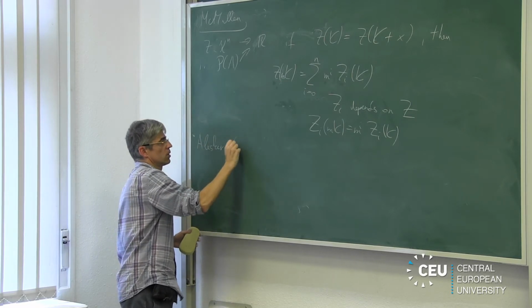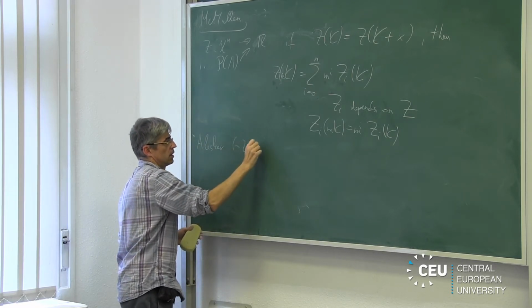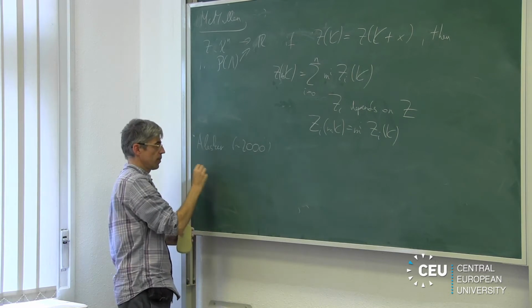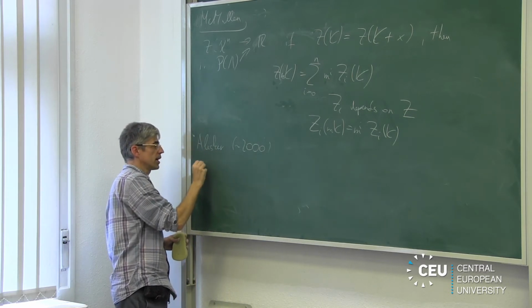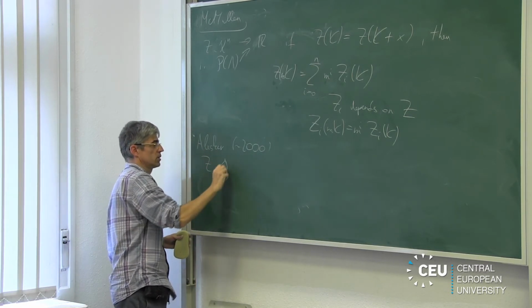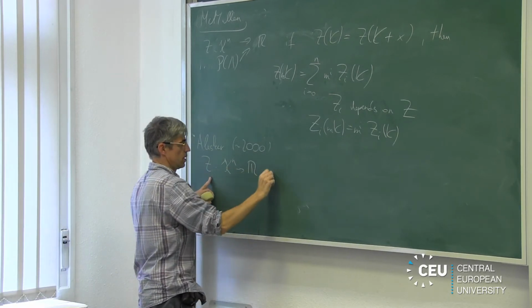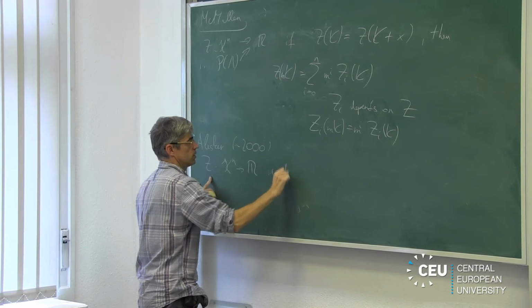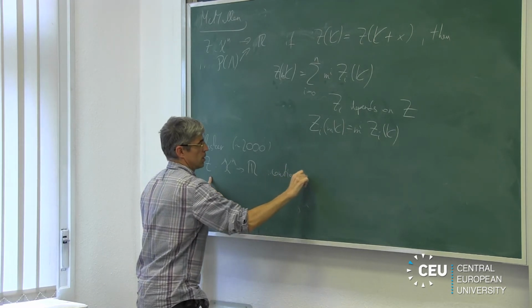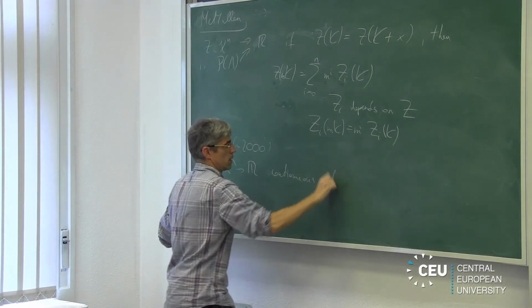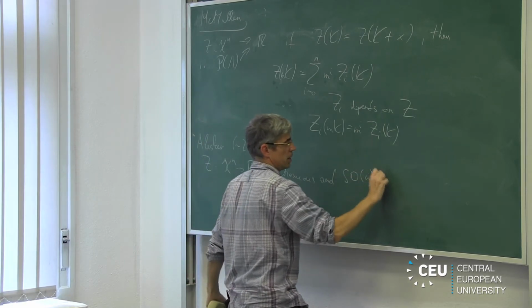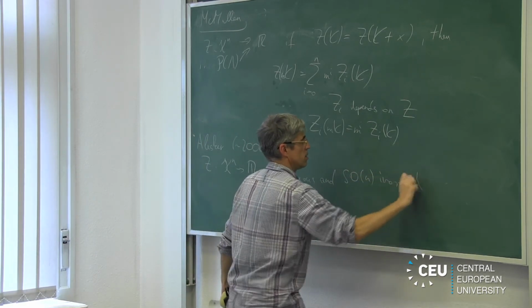Semyon Alesker proved around 2000 a characterization of all continuous SO(n) invariant valuations.